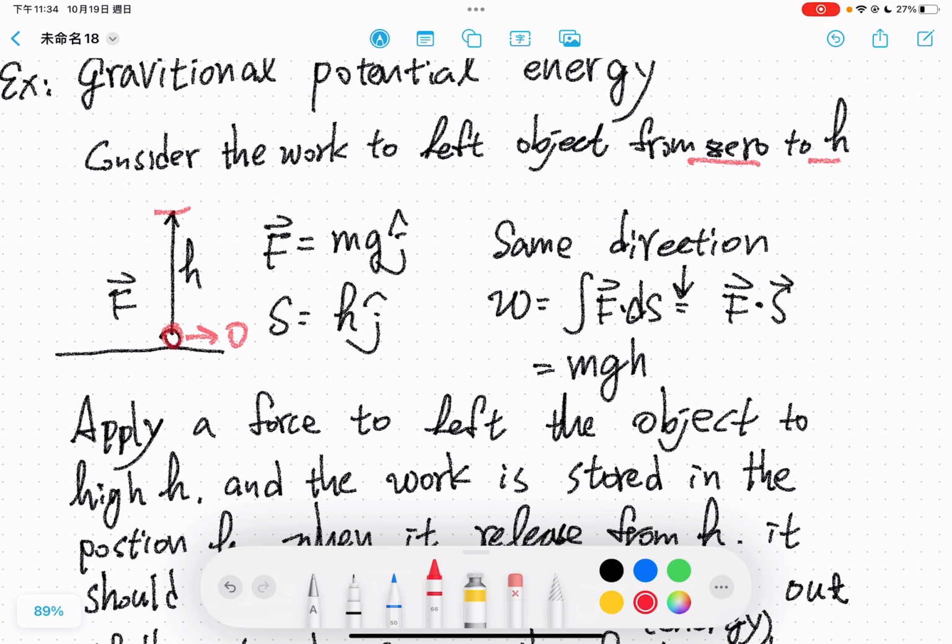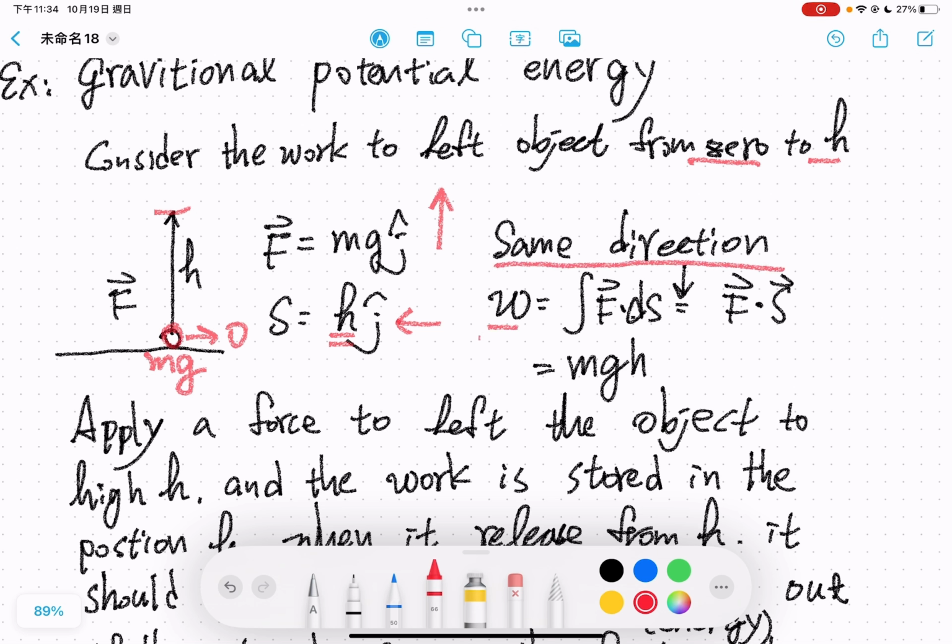So the force is the mass of the object times the gravity constant. Then the force points in the positive y-axis, and the distance is h in the positive y-axis. They are in the same direction.